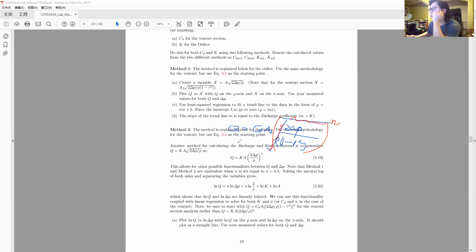What will be the result? On the left-hand side is natural log q, no problem. This one will become n natural log of 2 delta p over rho 1 minus r squared, plus log CD plus log A2, right? It's pretty familiar, right?